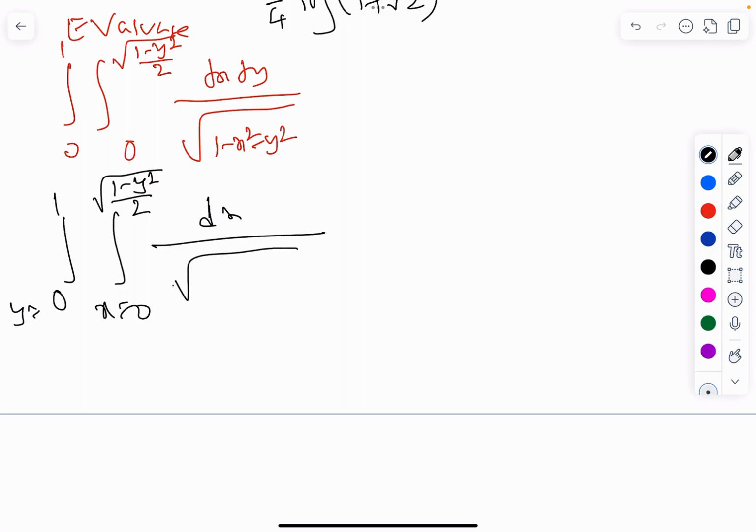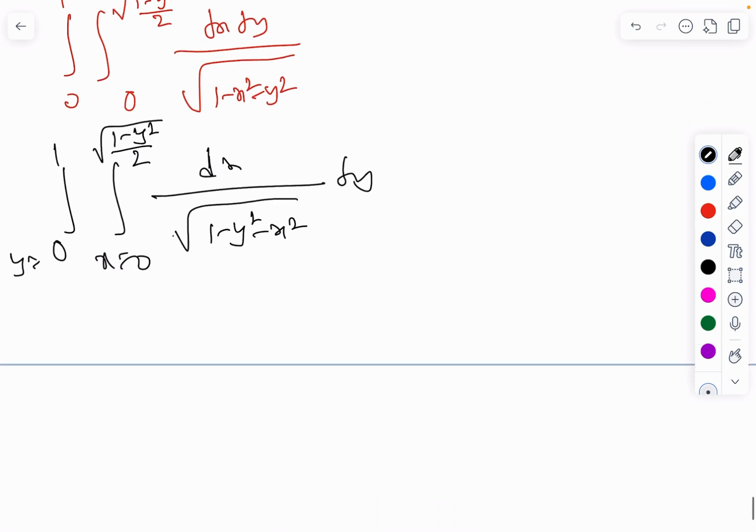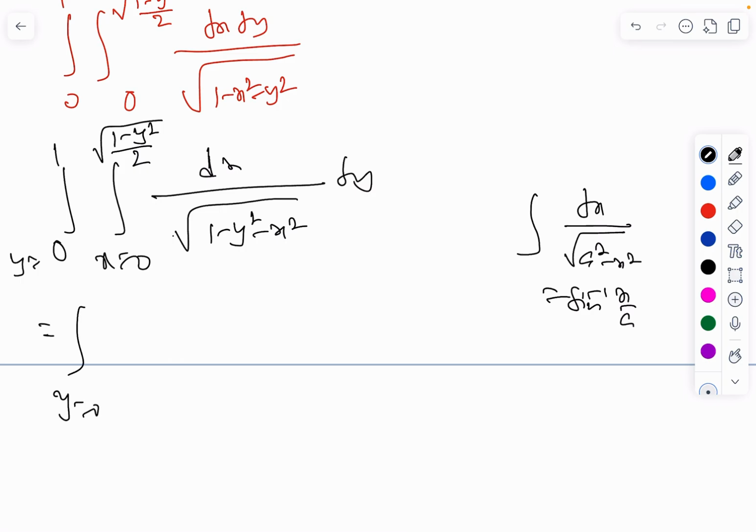dx, 1 upon root 1 minus y square minus x square. And now this is also like integration 1 upon root a square minus x square. So that is nothing but sine inverse x by a. So this is equal to y equal to 0 to 1.